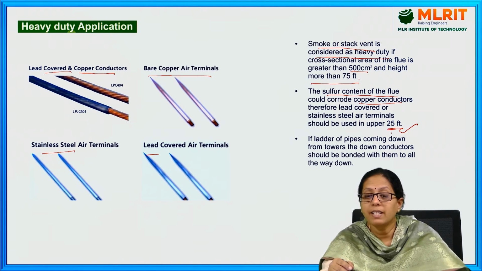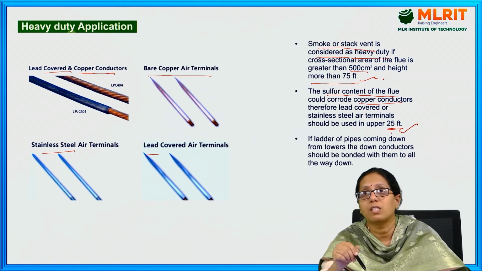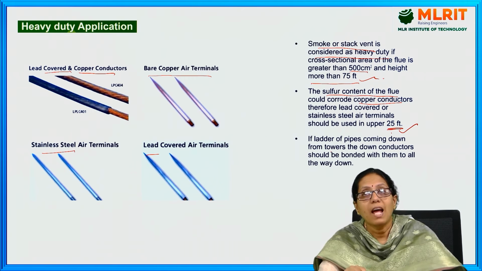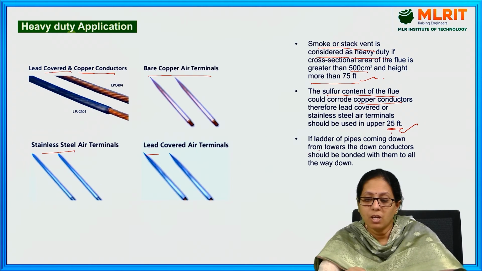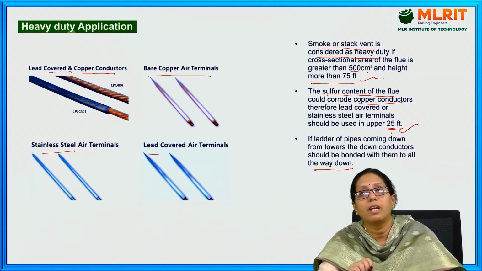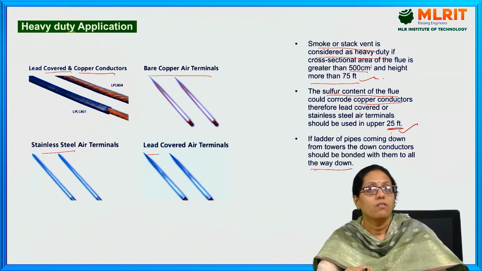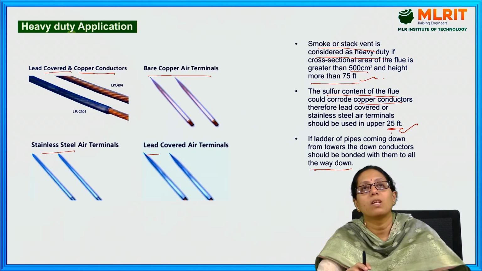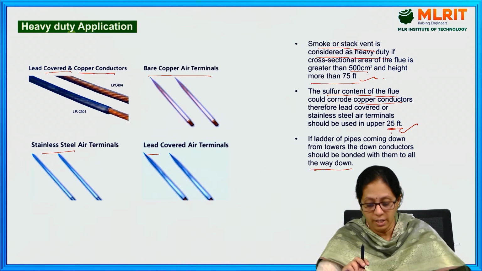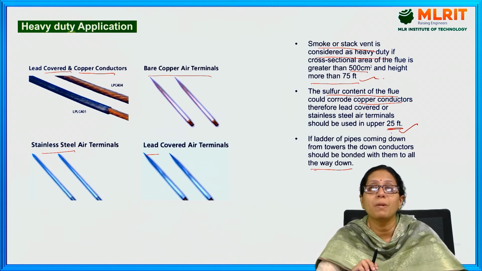If the height is more than 75 feet, we will be using this first type. And if there is a ladder of pipes coming down from the towers, the conductors should be bonded with them. So these are the different types of conductors with stainless steel covering as well as lead covering for different types of applications based on the height of the building.